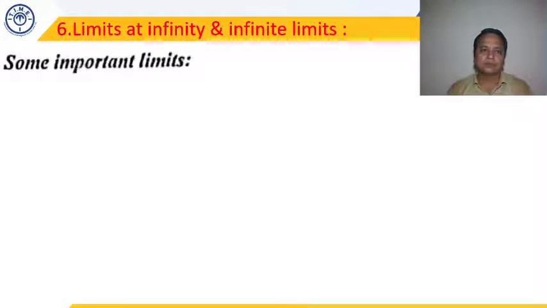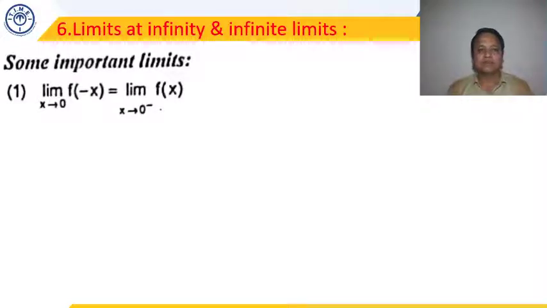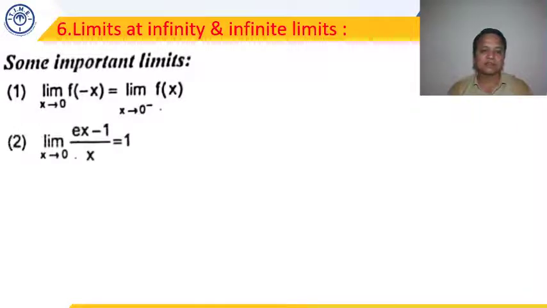Now, some important limits. Limit of f of minus x when x tends to 0 is equal to limit of f of x when x tends to 0 minus, the negative side. Limit of e to the x minus 1, where e is an exponential, upon x when x tends to 0 is 1.